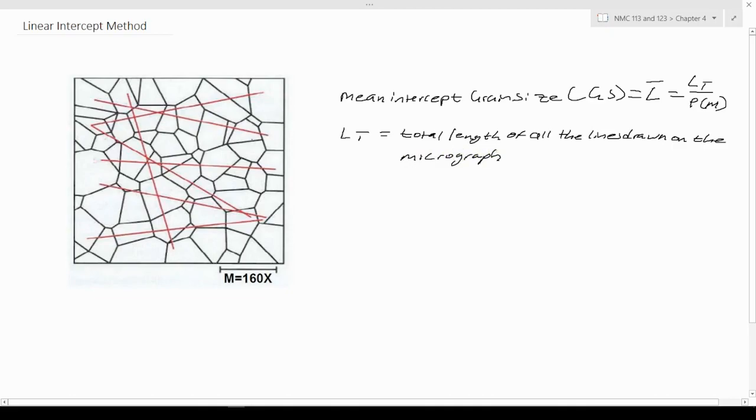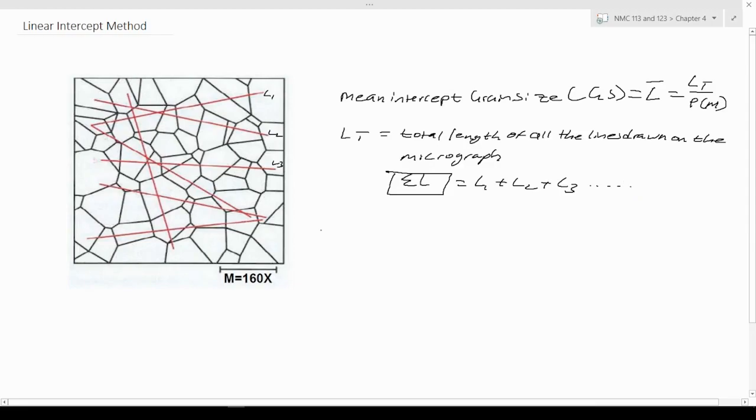So these red lines, you're going to measure. Let's say this is line 1, this is line 2, this is line 3, etc. You count all, and then you measure. It will be the sum of all the lines. Do you understand? So you measure the length of each line and then you add them together, meaning it's L1 plus L2 plus L3 and so on. So it's the total length of the lines drawn on the micrograph.